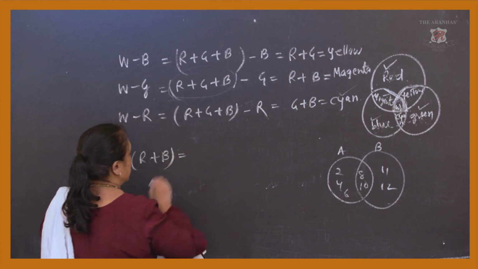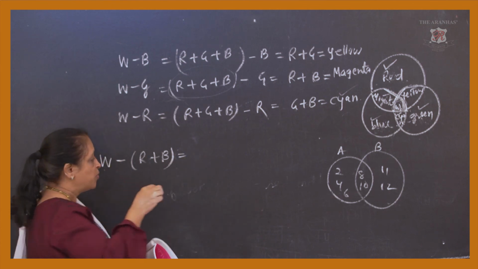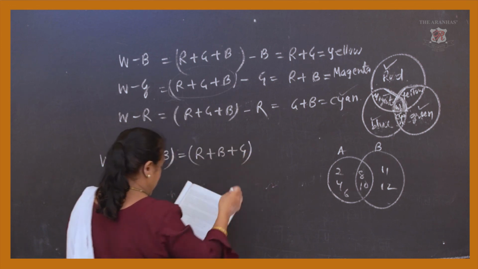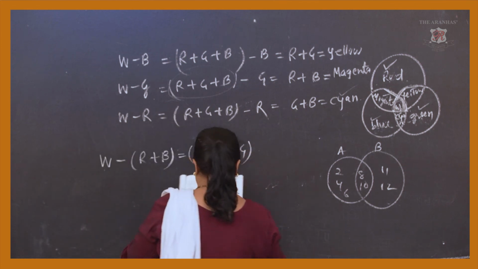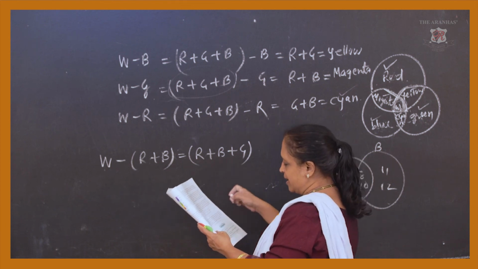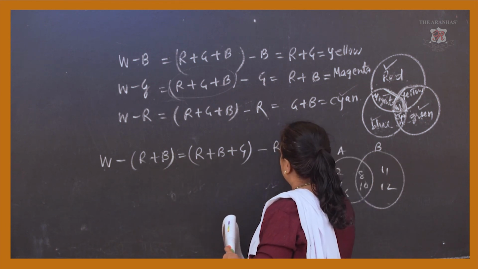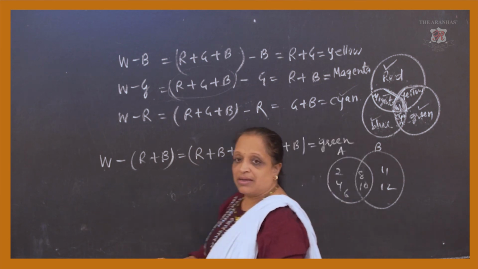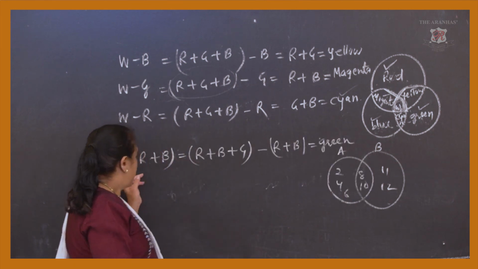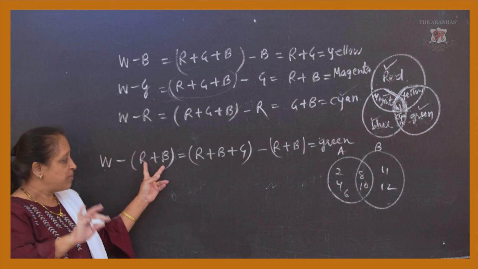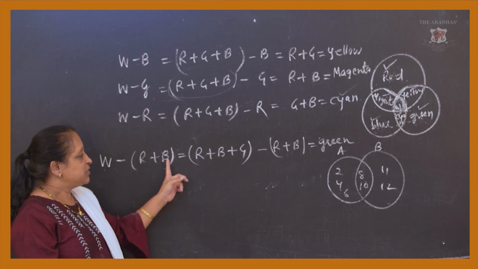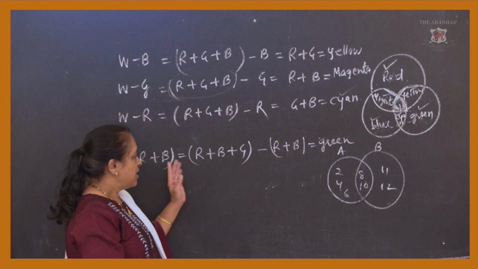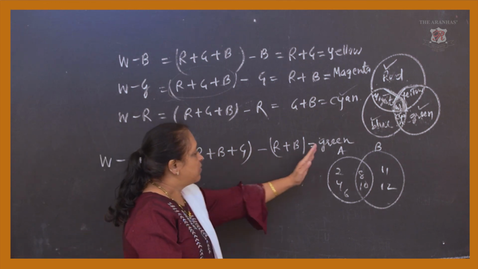That is equal to, take all the components, red, blue and green, minus red and blue. So the effect we are going to get is the green color. White is the basic. From that red and blue is removed. Red and blue removed means we have the green color again, which is a component of the white color only.